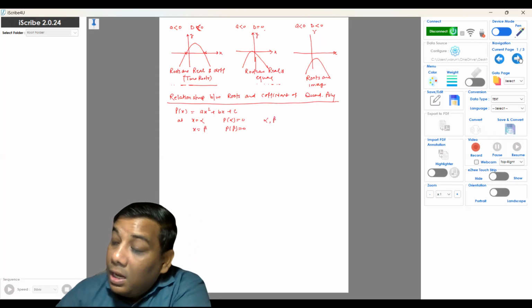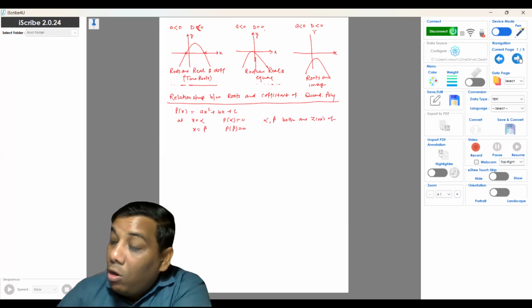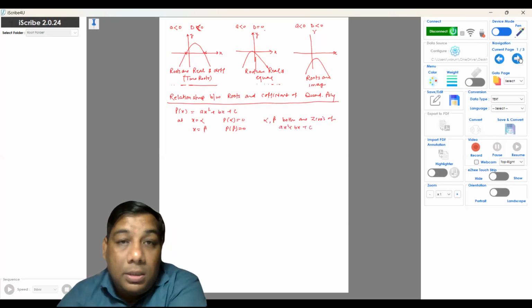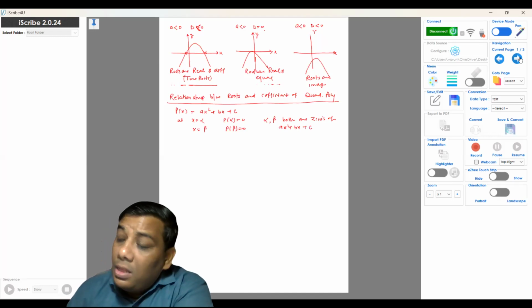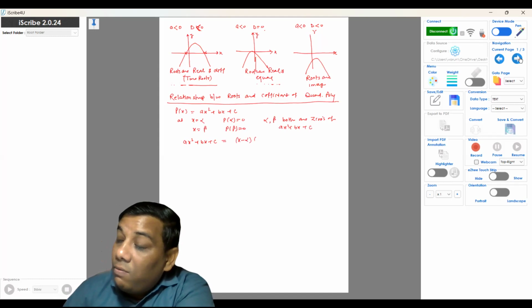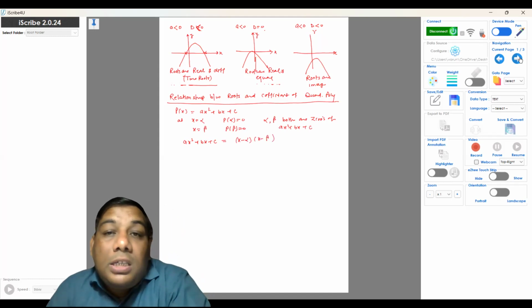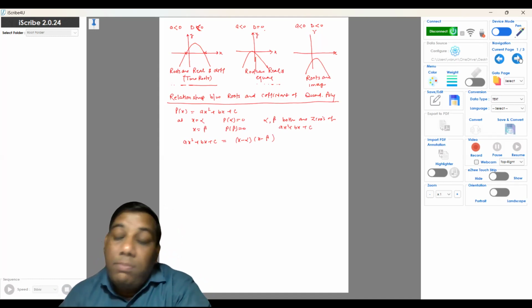Alpha and beta both are zeros of ax square plus bx plus c. If both are the zeros, then ax square plus bx plus c will become (x minus alpha) and (x minus beta). तो ये आपका x माइनस अल्फा x माइनस बीटा टाइप का होता है.